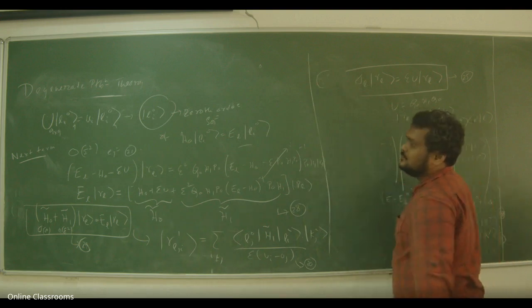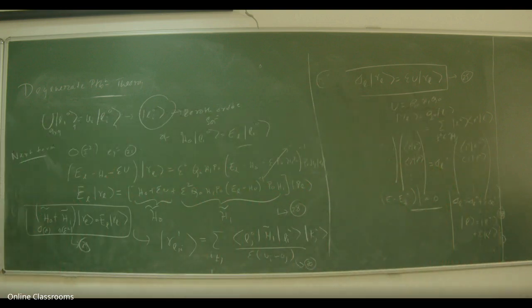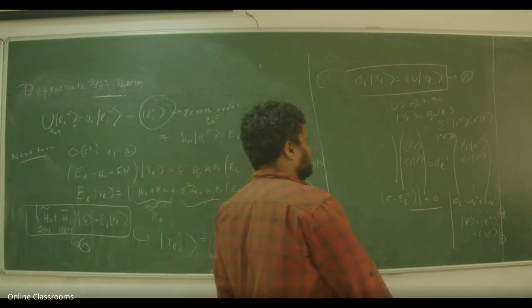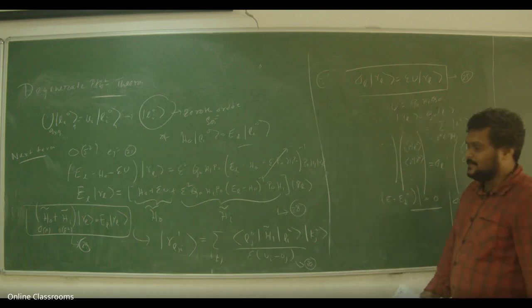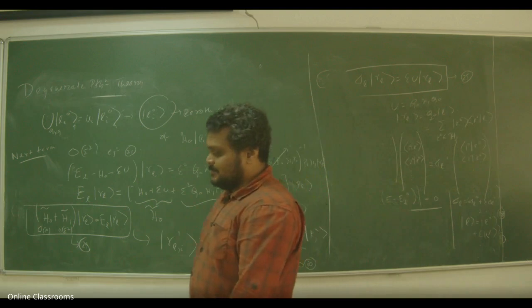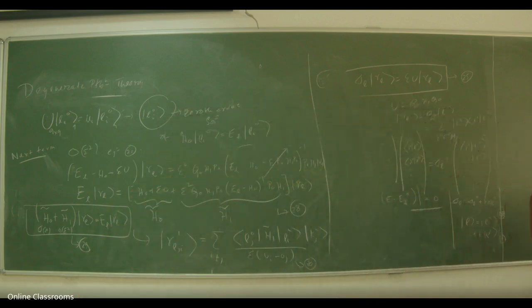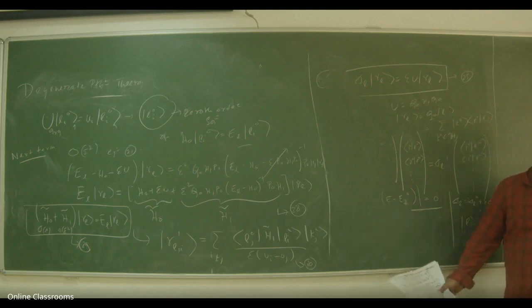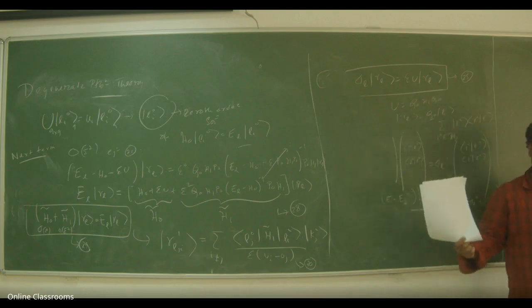See, what did I do? Let's take a step back and look at the whole process. It's something we already discussed in the last class, so it's not new, but you might be lost in the algebra because there is a lot of algebra. What did I do? I did the same thing I did at the beginning. I wrote down the full equation with perturbation. I rearranged it into a form that is an equation for the unknown state.